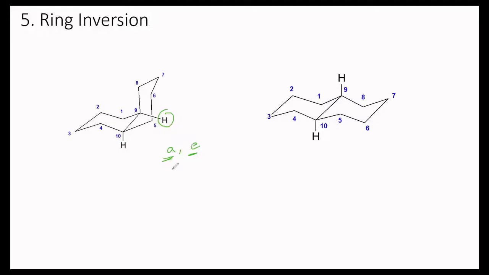So whatever NMR spectrum I get will be the average of the axial and the equatorial.